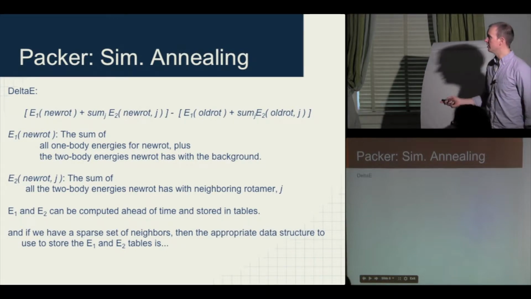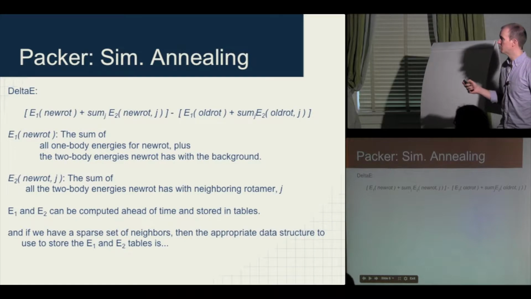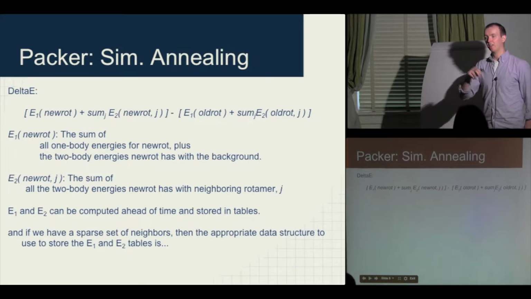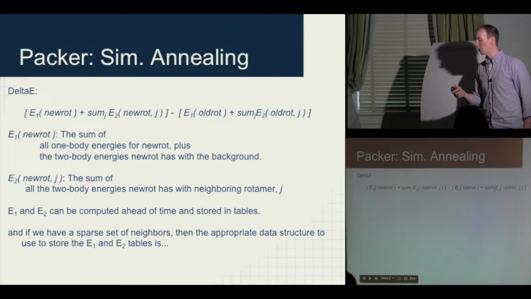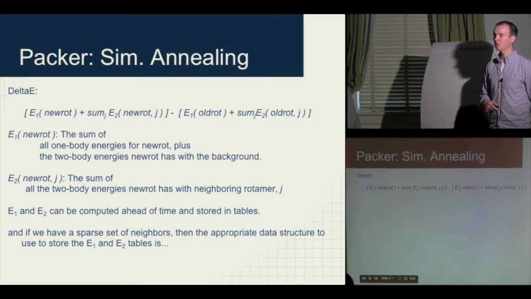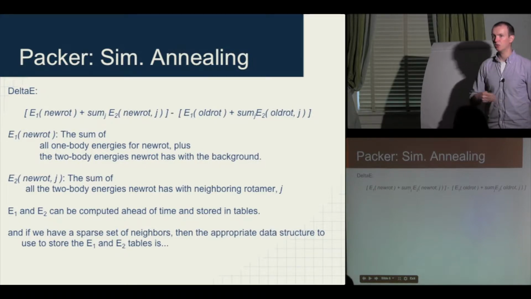Okay, so this change in energy, as I said, involves only the portions of the score function that change as a result of this rotamer substitution. And that's describable in terms of what we call one-body energies and two-body energies. So the one-body energy for the new rotamer is going to be, say, the new Dunbrack energy.